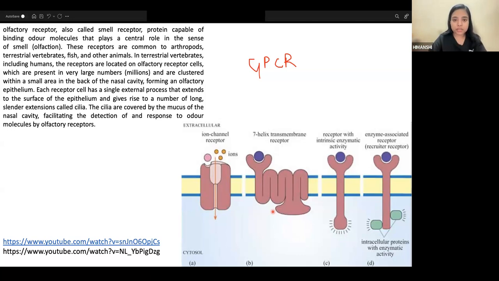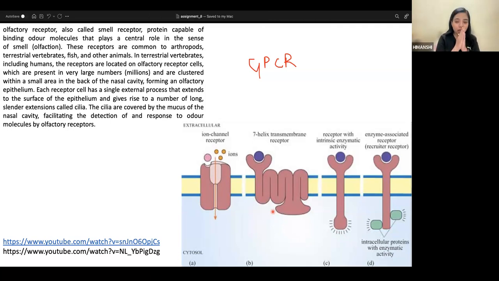the available drugs, which are in the market, and I'm not talking about any particular disease or any particular group of diseases. I'm talking in general. Whatever the drugs which are available, around 30 to 50% of those drugs are targeted only against GPCRs. It's a huge number, right?